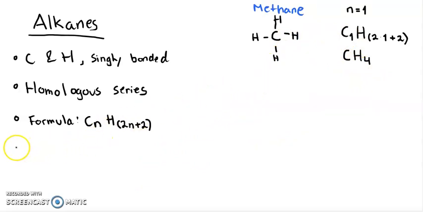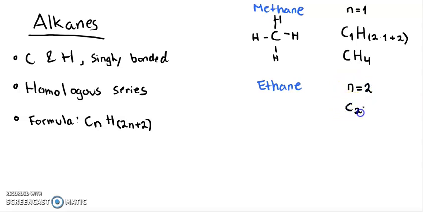The members of the homologous series have the same chemical properties, but they differ in physical properties as n increases. So I can show you some more in this homologous series. The next one is ethane. For ethane, n increases to 2.